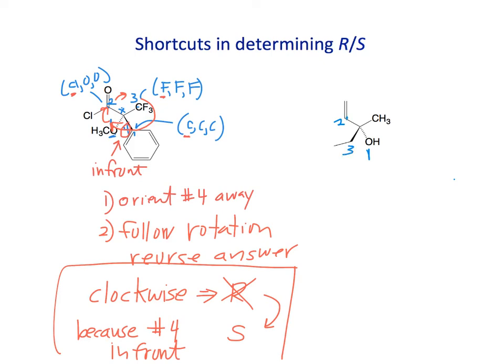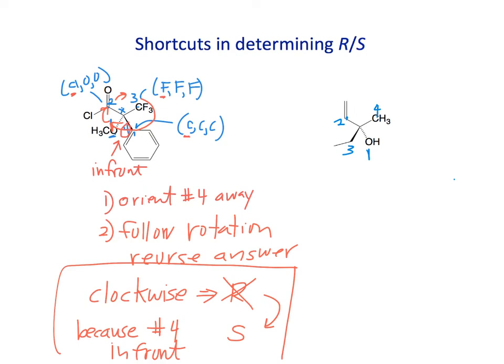This is 3. This is 4. So notice, as we did on the last one, number 4 doesn't have to be a hydrogen. It can be any atom. It's just the lowest ranking group. Notice in this example, number 4 is not pointing away or forward, but it's in the plane of the drawing.